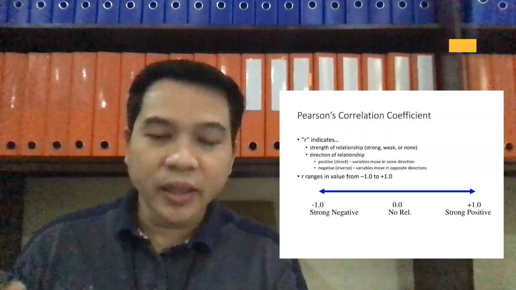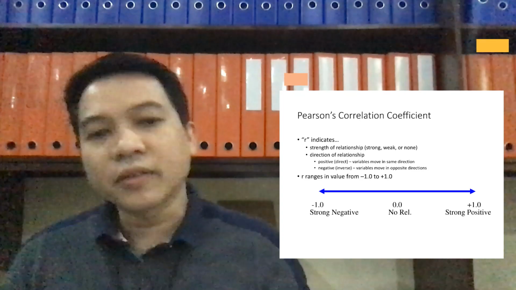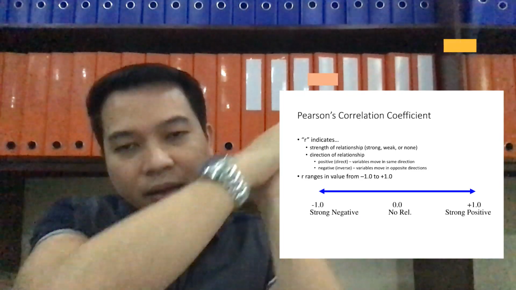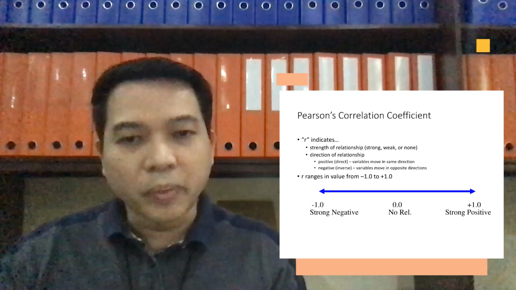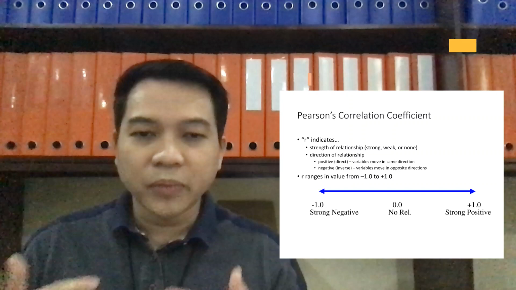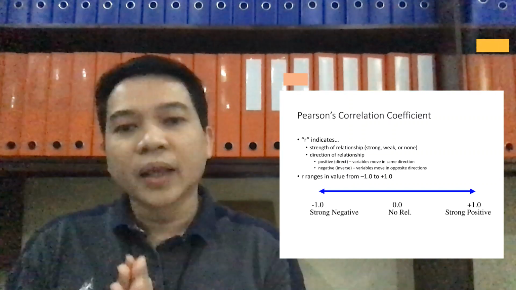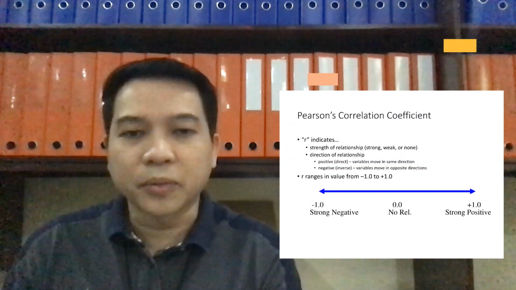Whether it's a strong negative, you see a very clear pattern going to the left, or you see a very clear straight pattern going to the right, then that is a strong positive. The stronger the relationship, the closer the patterns or the association of both variables.